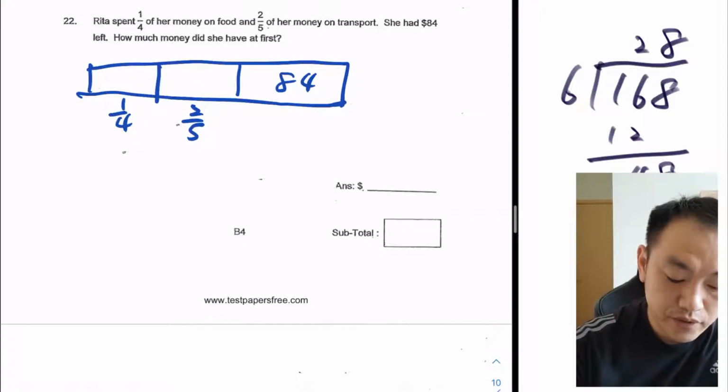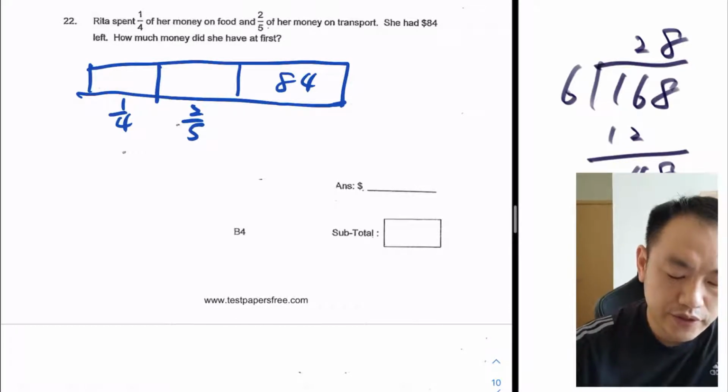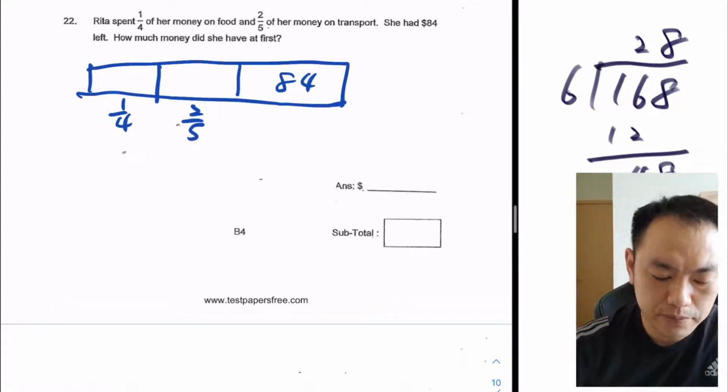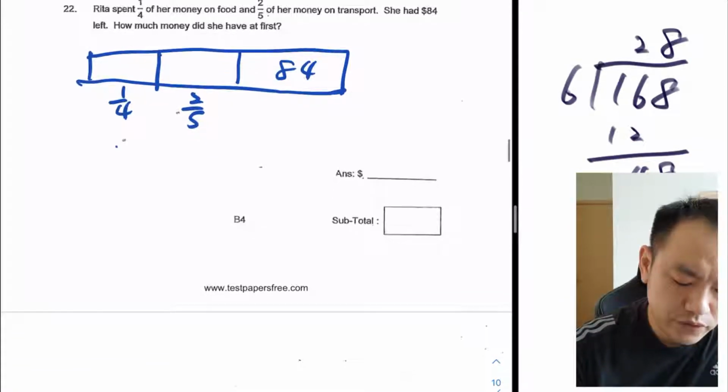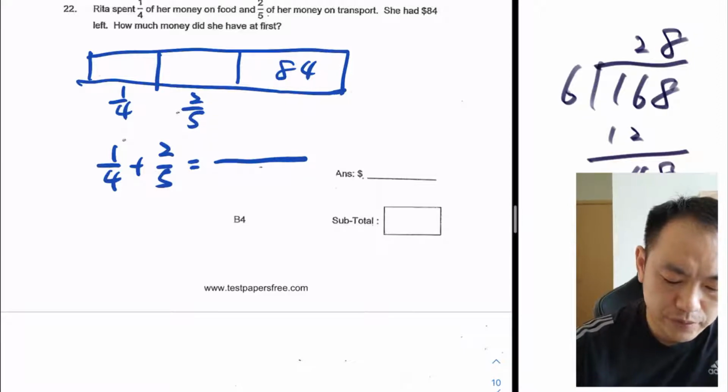Okay, so let's figure it out. Let's assume its total is 1. So let's figure out how much money she spent in total. So 1/4 plus 2/5. How do you do addition of fractions?